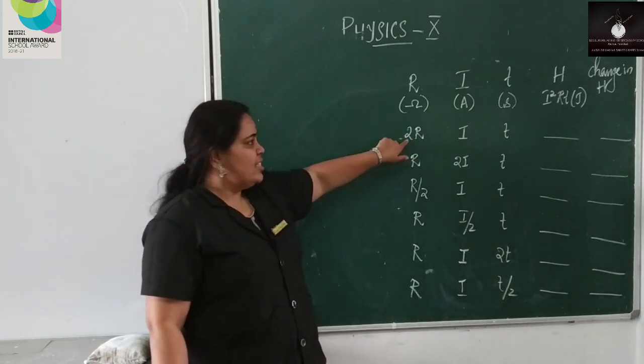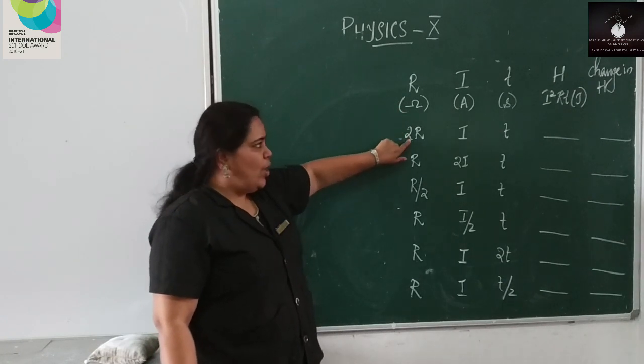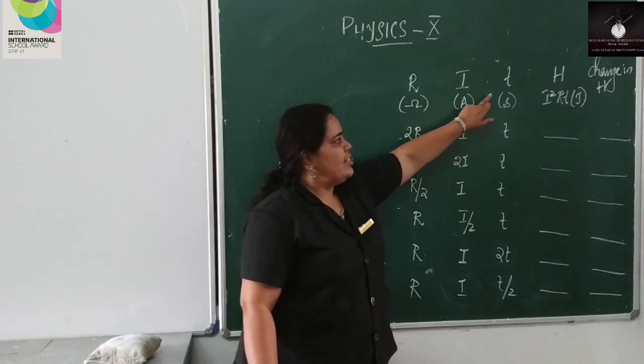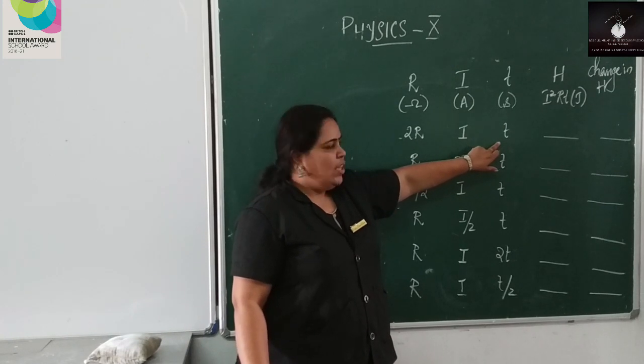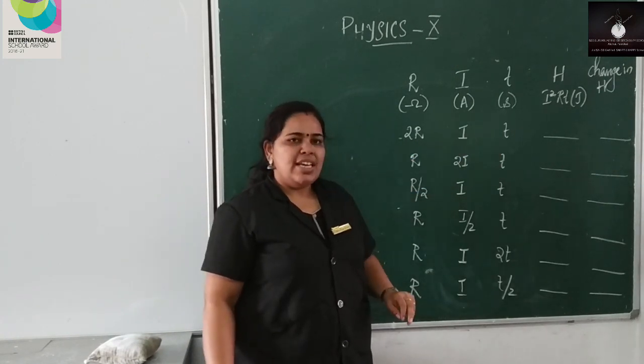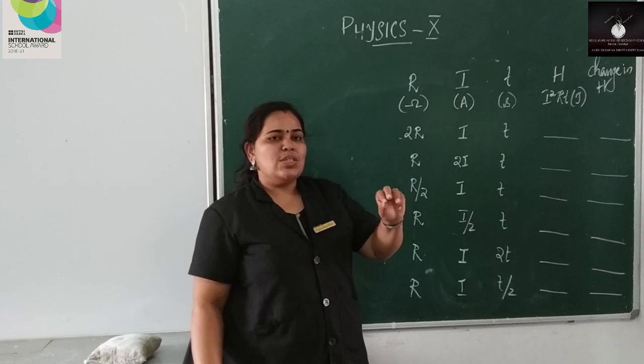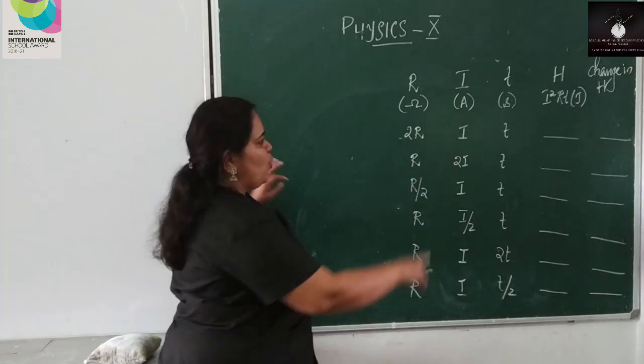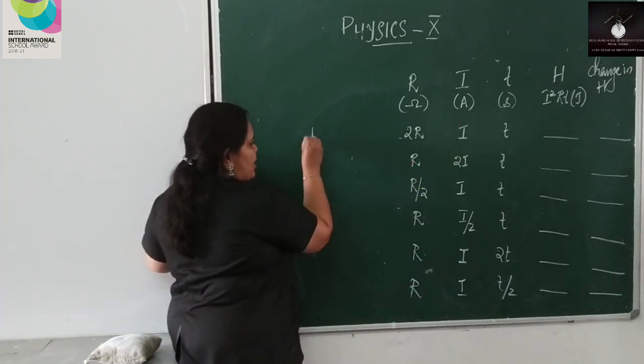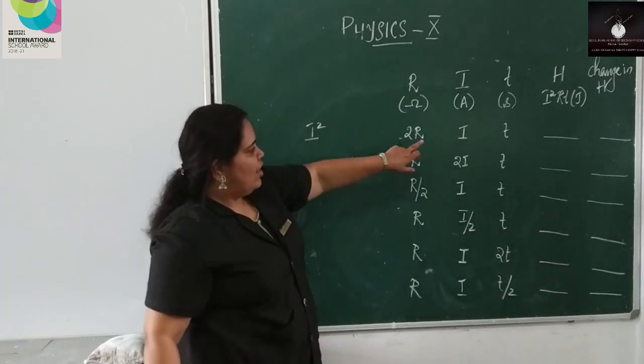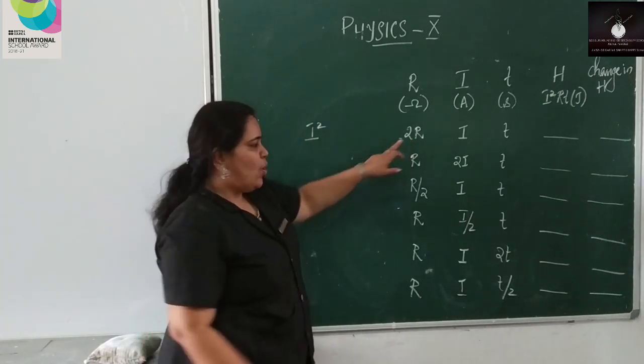Take the first case. Here resistance is given 2R, current is I, and time is T. What is the formula for heat? H is equal to I square RT. So substitute. What is I? It is given I itself. I square R. How much is R here? 2R.